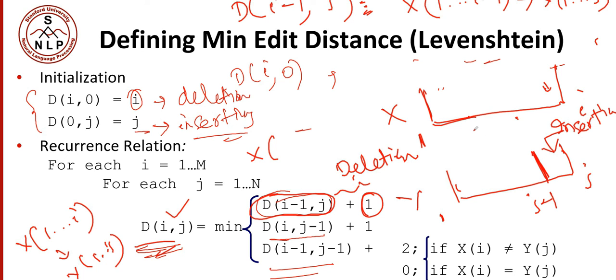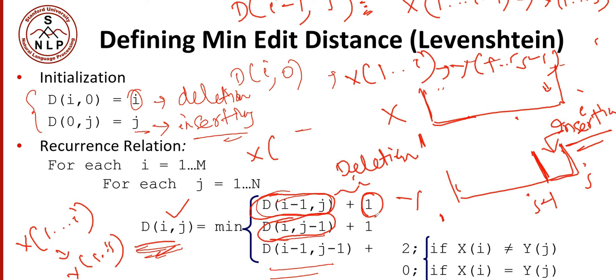We have already calculated from x[1..i] to y[1..j-1], given by D(i,j-1). So all we need to do to accommodate this extra character is an insertion operation, given by this plus 1.